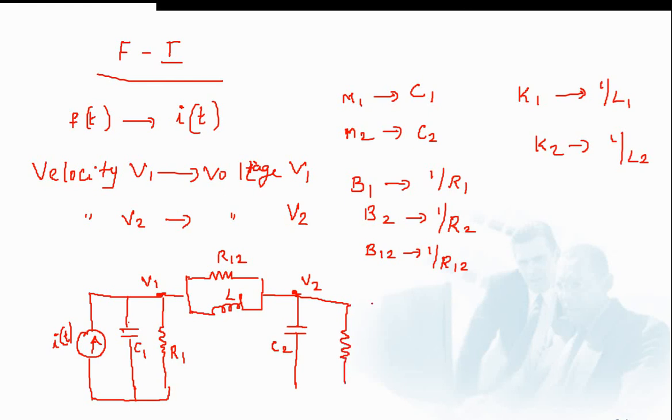Corresponding to the spring K2 there should be an inductor. So this is the final force current analogous electrical circuit.